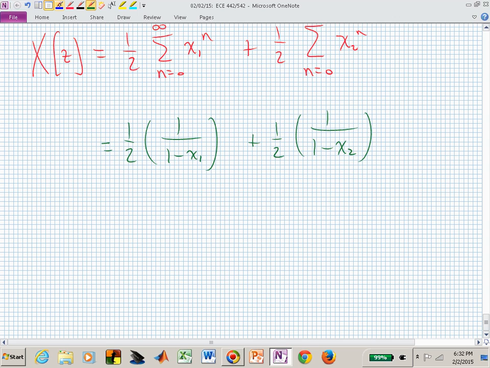And now we just have to rely on our algebra teacher. If this is now capital X of z, let's combine those two pieces into one ratio and see what we end up with. Meaning, let's get a common denominator so that now capital X of z looks like that.